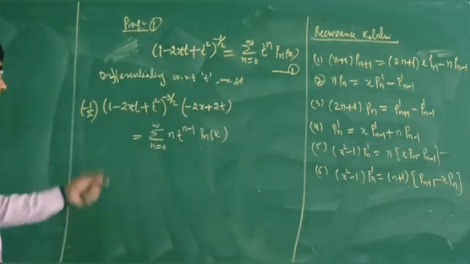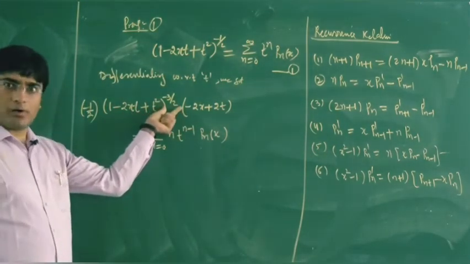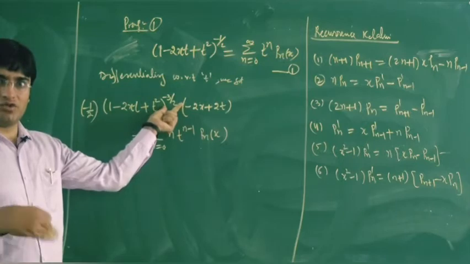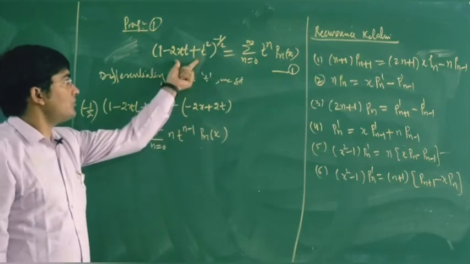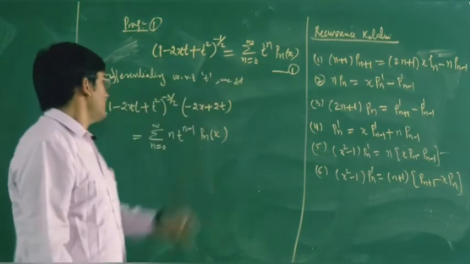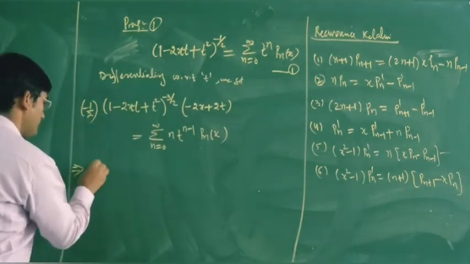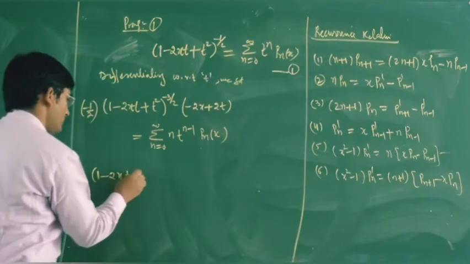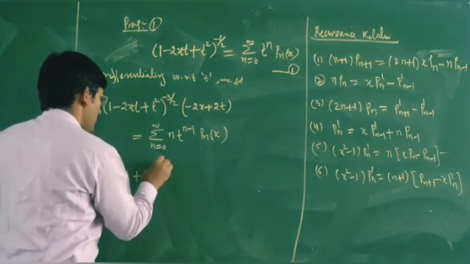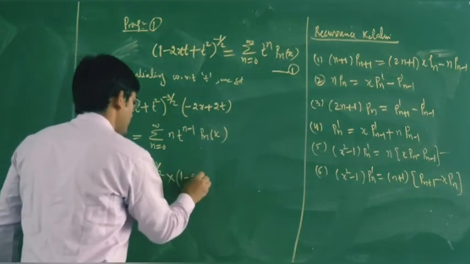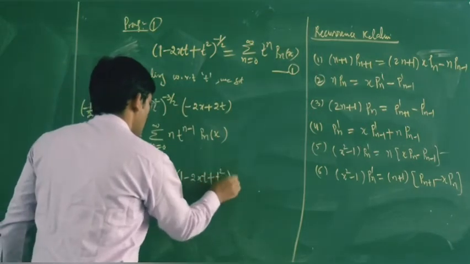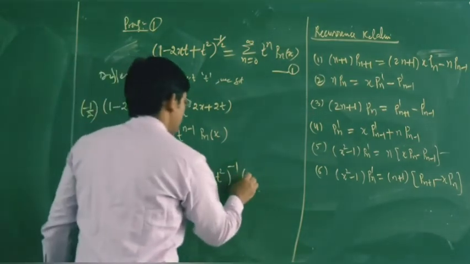Now just break this power minus 3 by 2 in two parts, that means power minus half into power minus 1. If you take this minus 2 common, then this 2 will get cancelled. So we have (1 minus 2xt plus t square) power minus half into (1 minus 2xt plus t square) power minus 1 into (x minus t).